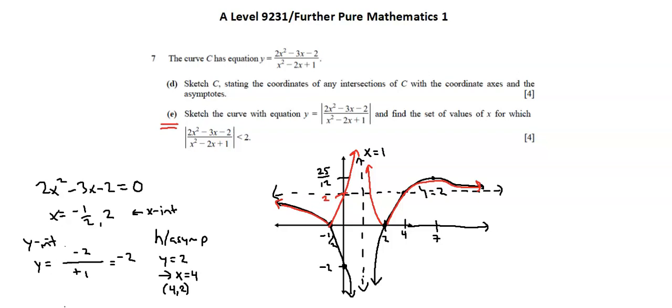The second part of requirement E: find the set of values of x for which the absolute value of the function is less than 2. We'll do this less than 2 analysis in blue. If I look at the red graph and look for everything that is less than a y value of 2, working from the left, we go as far as y equals 2.